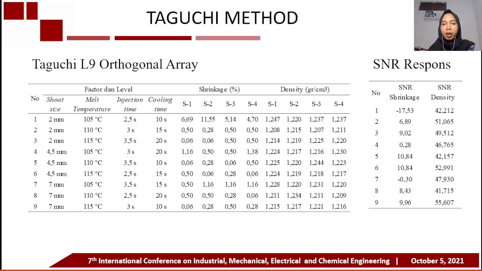After that, the next topic is the Taguchi method. This is the table of the L9 orthogonal array used in this research and the results from the experiment. After getting the results, then calculate the SNR point.